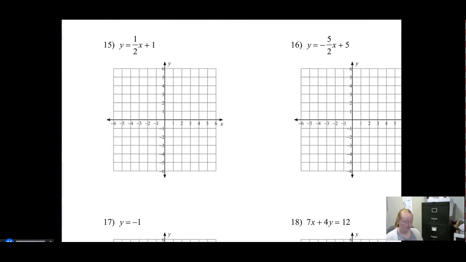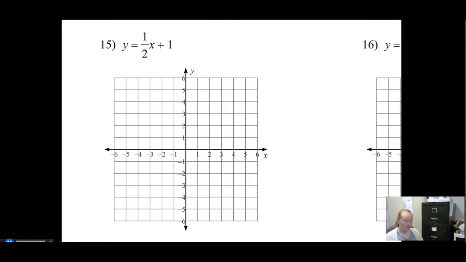15. Y equals 1/2 x plus 1. I start at 1. I move up 1, over 2, and I connect my dots. I start at 1 because 1 is my y-intercept.